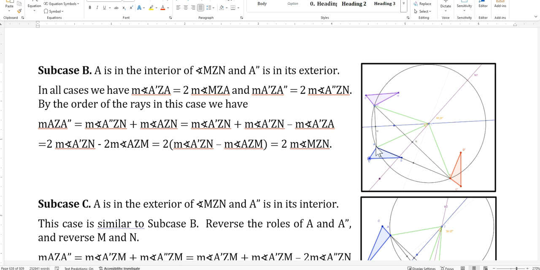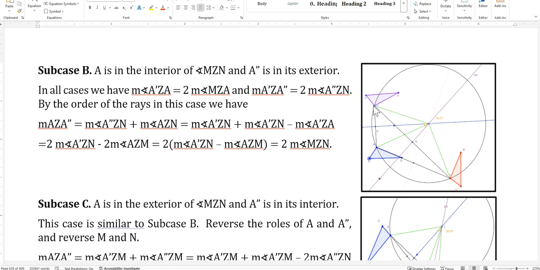Okay. A to Z to N minus the measure from A to Z to M. Let me say it again.